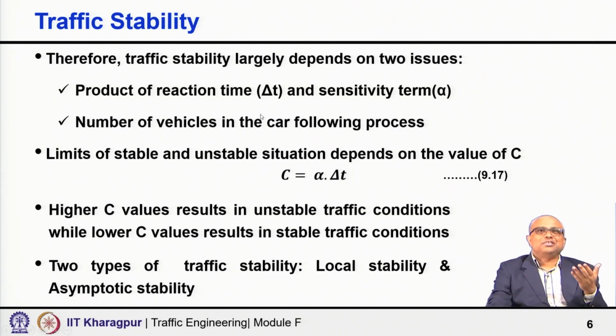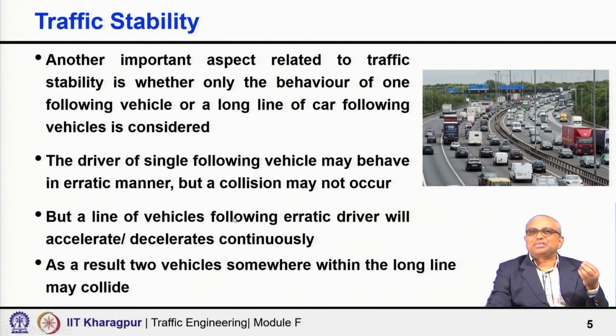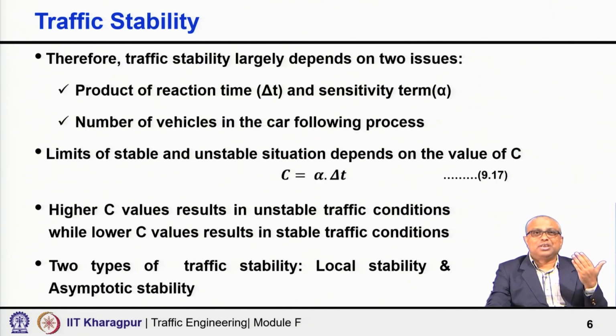The second thing is the number of vehicles in the car following process, based on the discussion in the previous slide: whether it is only one lead vehicle and one following vehicle, or a long line of cars in the car following state.